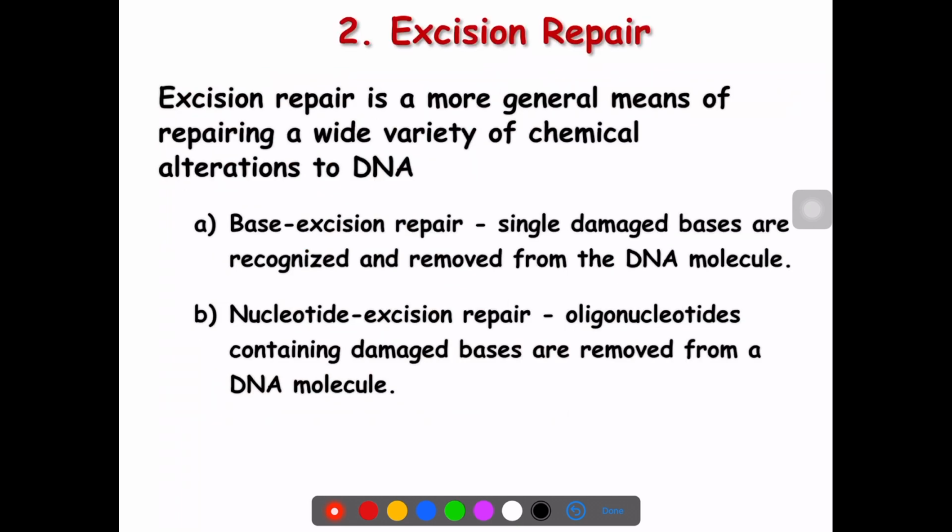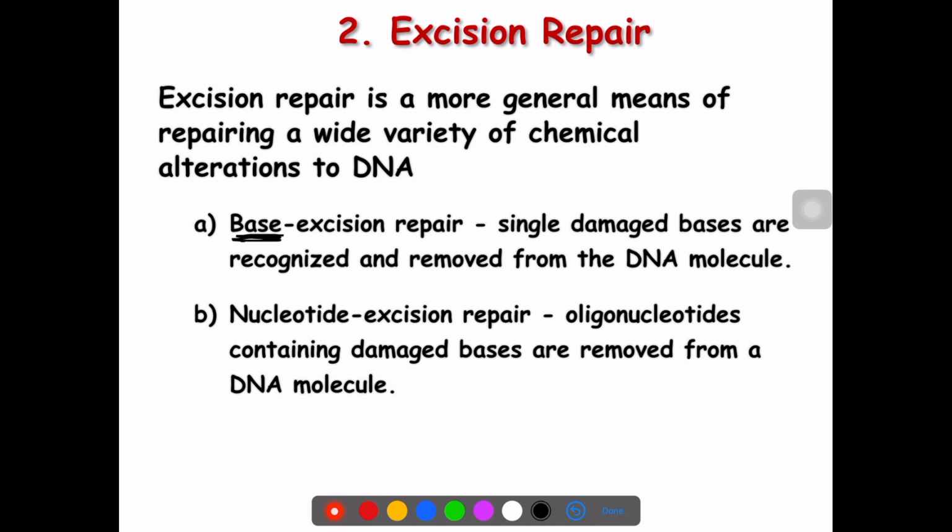So the first one, base excision repair. In this specific mechanism, all you're going to be excising is a single base. So even though you excise only one base, in the end you end up with a gap of only one nucleotide. So in the end, you end up having to fill in the gap one way or the other.